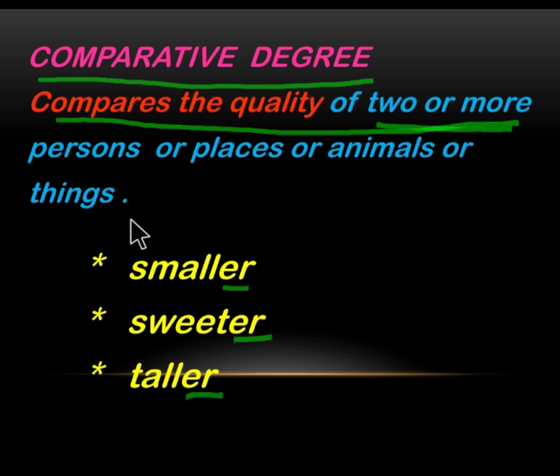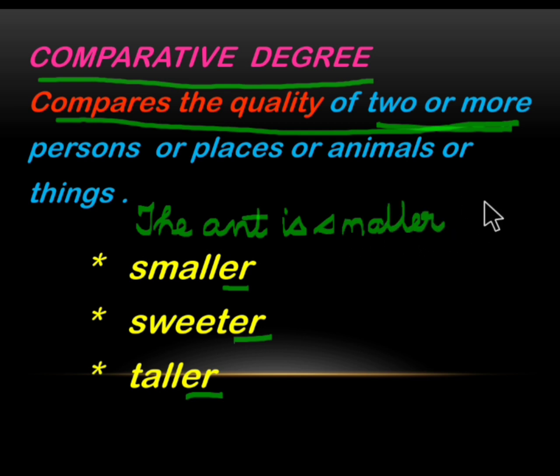So if we give this in a sentence, the ant is smaller than a rat.